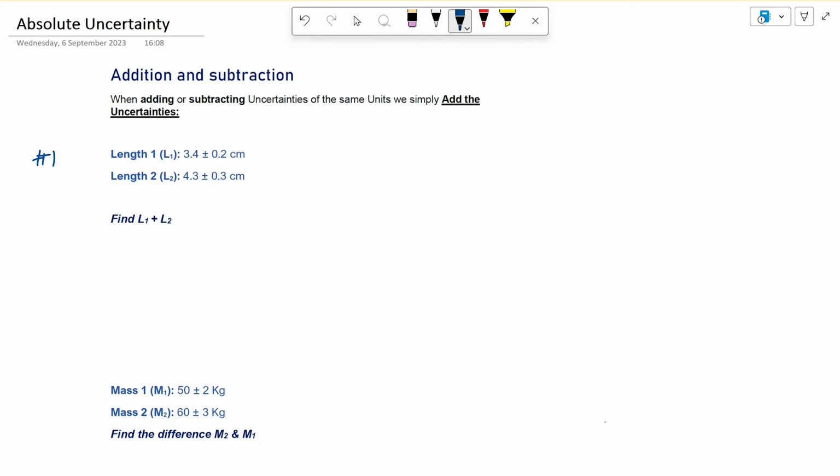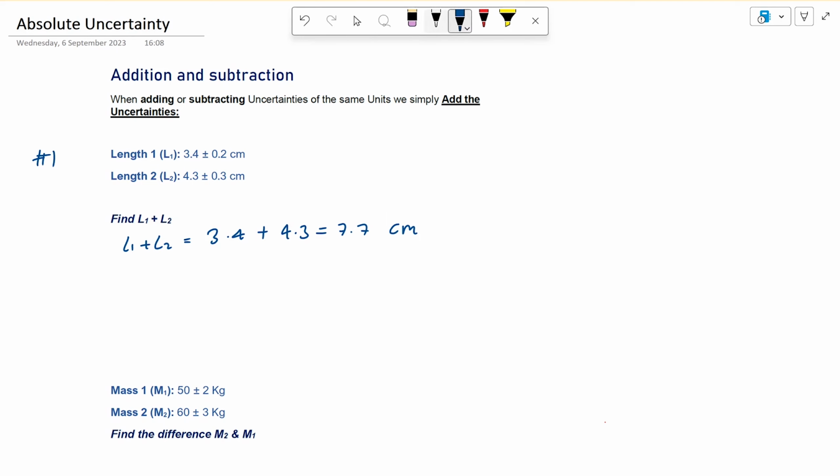We are provided with two lengths and we are to find their sum as well as the new absolute uncertainty. So let's just calculate that. L1 plus L2 is equal to 3.4 plus 4.3, which gives us 7.7 centimeters.